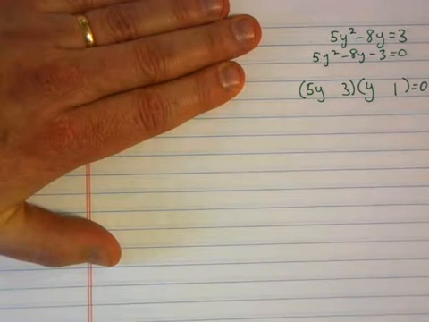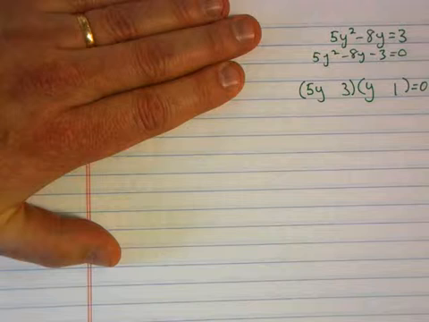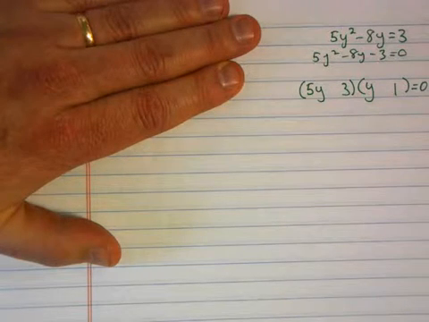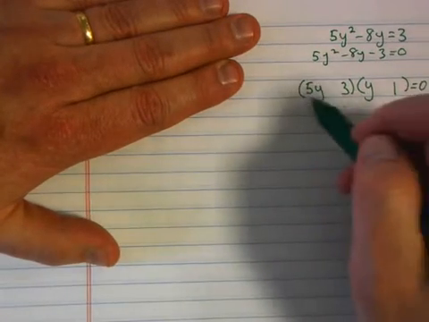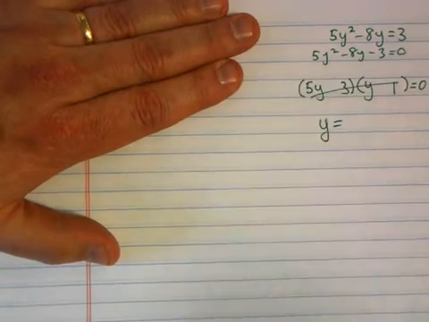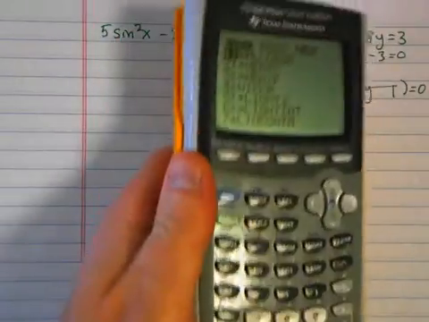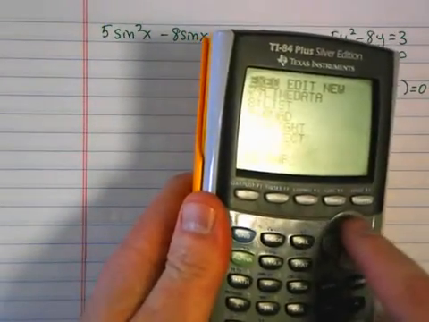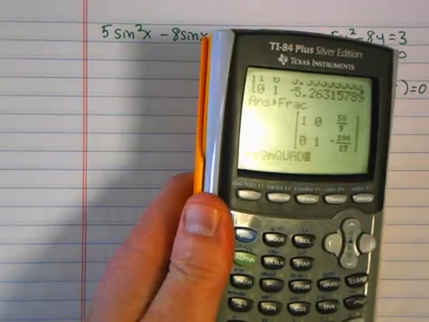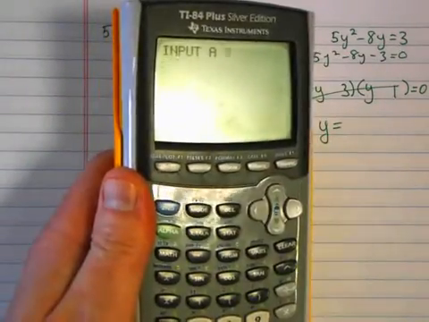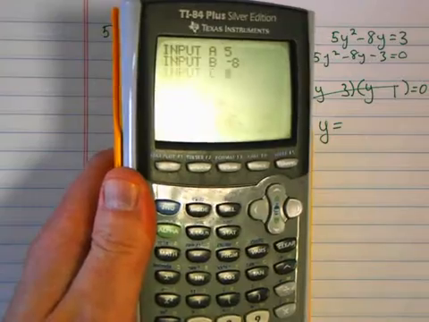I don't think so. So it doesn't factor. So what do we do? We use the quadratic formula. So y equals. I just happen to have a program on my calculator for the quadratic formula. 5, -8, and -3.